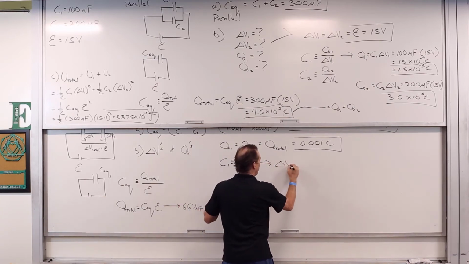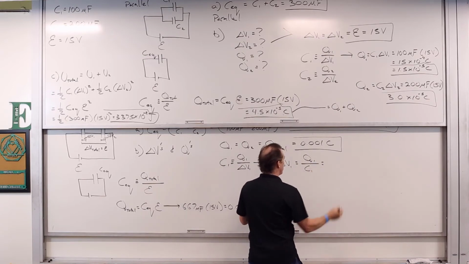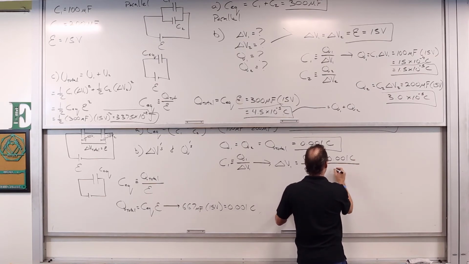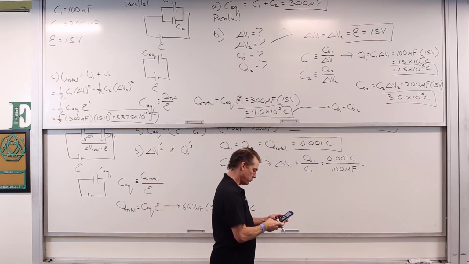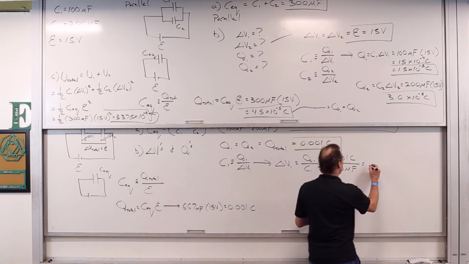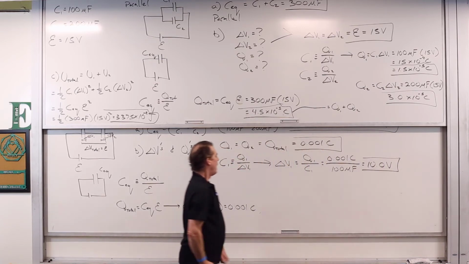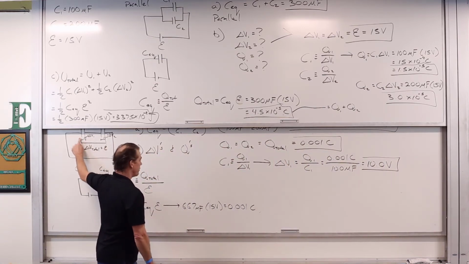Thus, delta V1 is equal to Q1 divided by C1, which is 0.001 coulombs divided by 100 microfarads. 0.001 divided by 100 times 10 to the negative 6 is 10.0 volts.